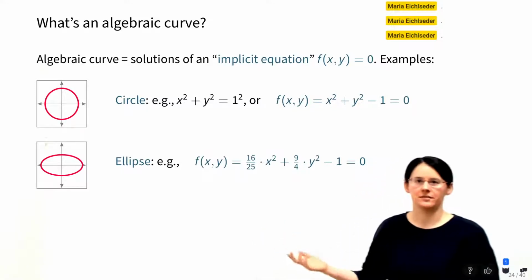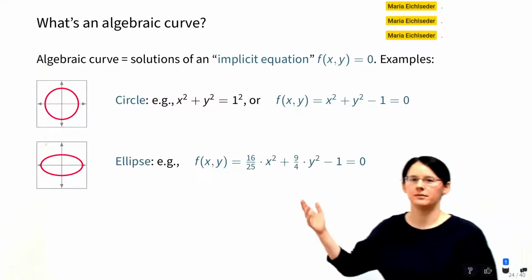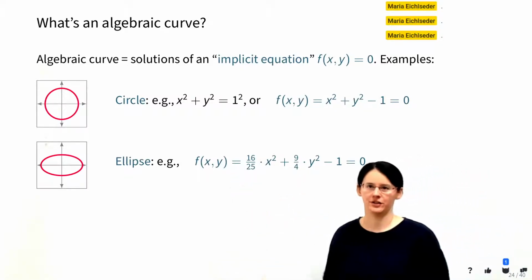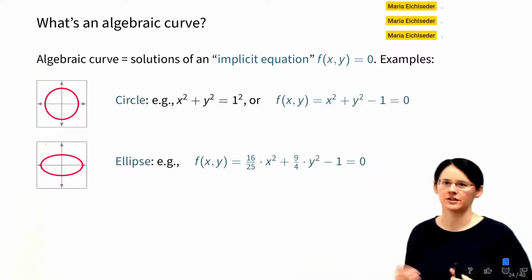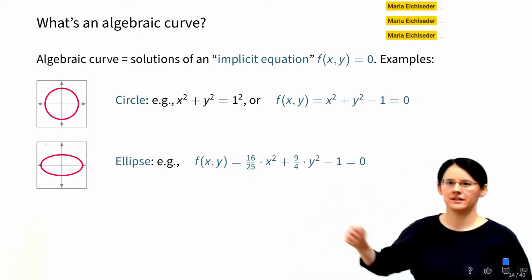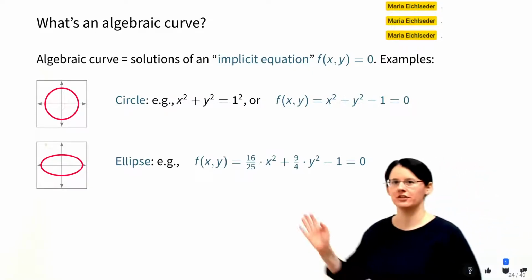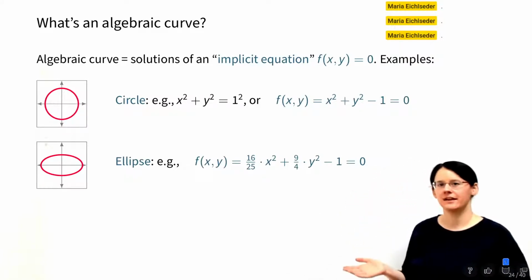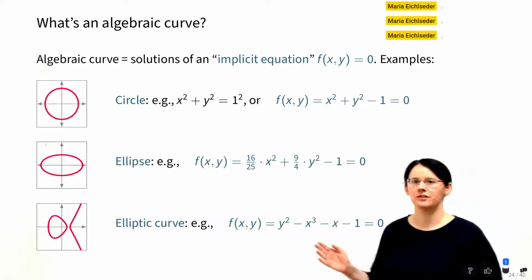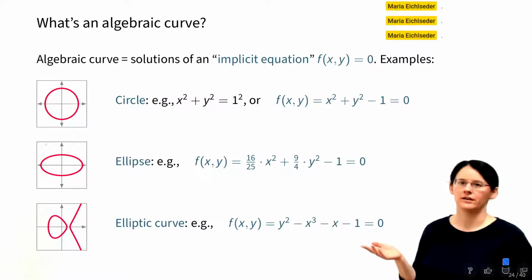An ellipse is a very similar, closely related kind of algebraic curve, which looks a bit more complicated, because it has more coefficients in here, and more degrees of freedom than just the radius. And despite its name, an elliptic curve is not actually related to ellipses, so this is maybe a bit misleading, but it's a similar type of curve. Namely, it's also defined by a polynomial equation of the coordinates x and y, which is supposed to be 0.